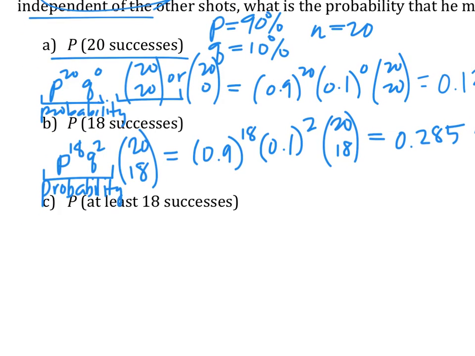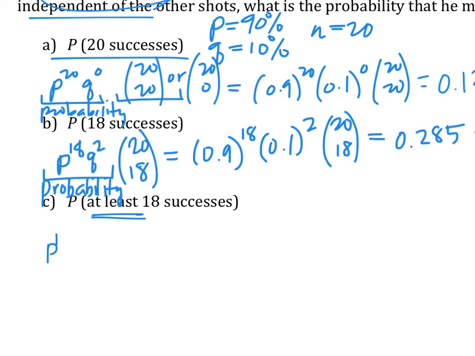All right, the last one. At least 18 successes. So at least means 18, 19, or 20. So basically what you want to do is find the probability of 18 plus the probability of 19 plus the probability of 20. This is how it's going to look.